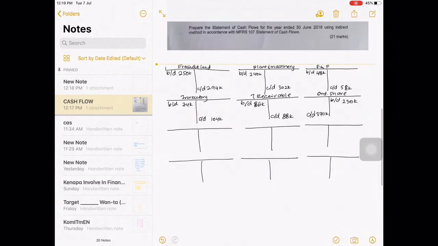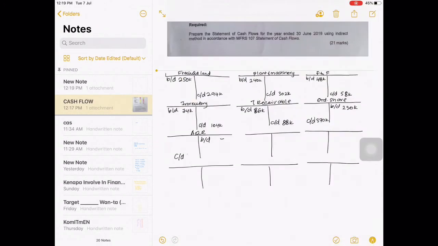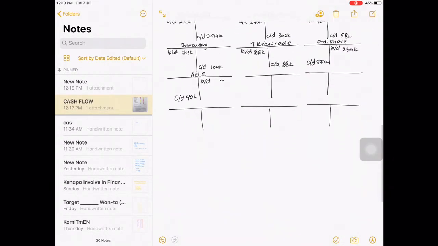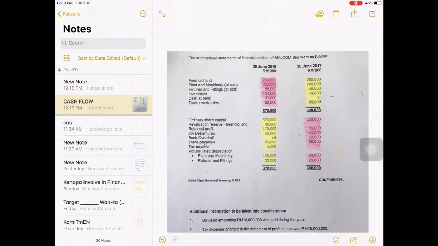Then we have ARR. The opening balance will be on the credit side, and the closing balance on the debit side. Retained profit will start with 86,000 on the credit balance, and then the closing balance will be 170,000 on the debit side.